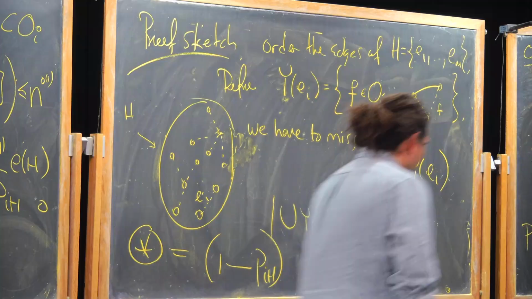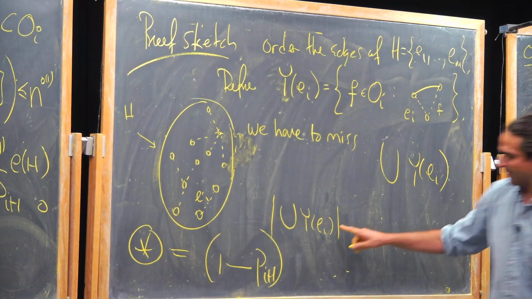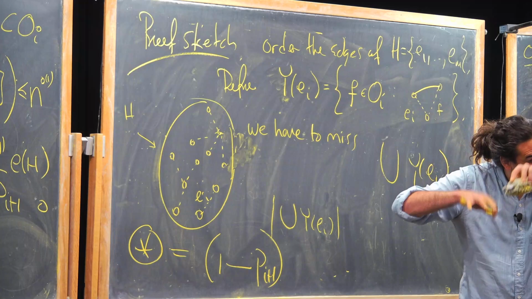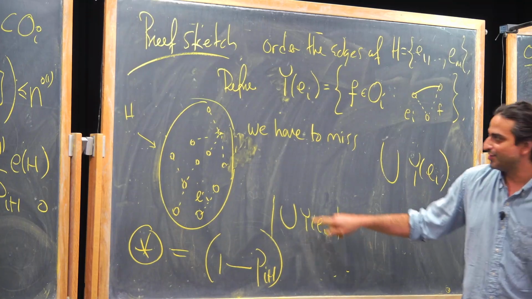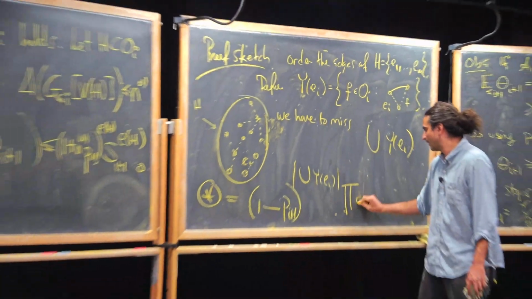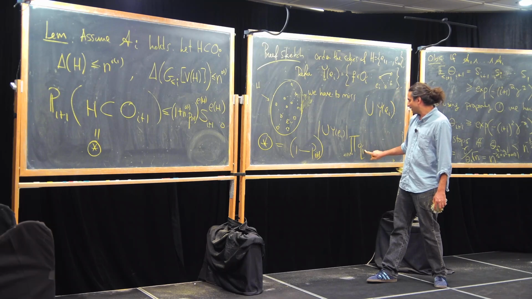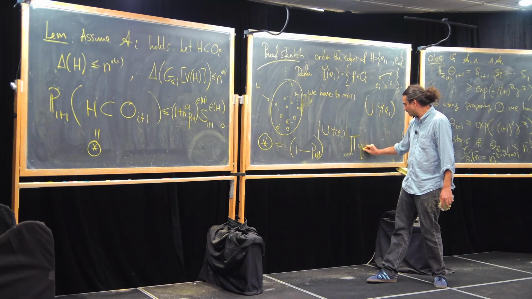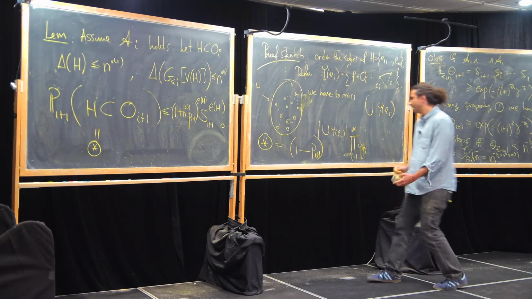Okay. Now, I also lied slightly because there's also this product of q's that are balancing the probability. This is just the probability of surviving into i+1 prime. There's also the q_{E_i}, i equals 1 up to m.